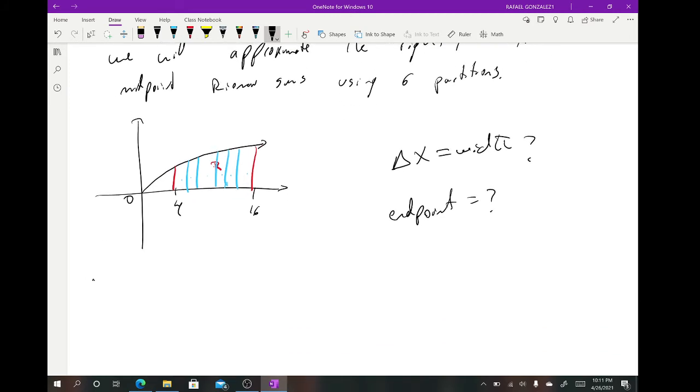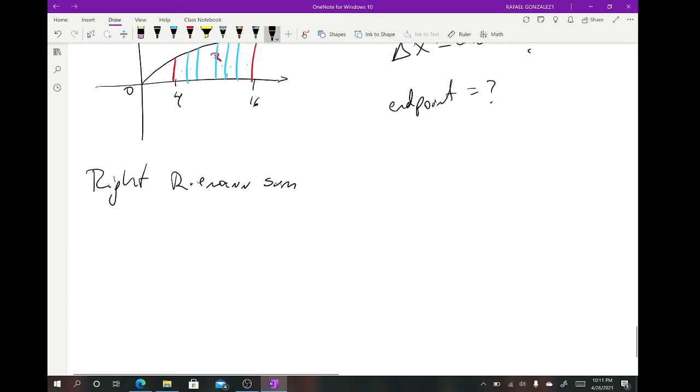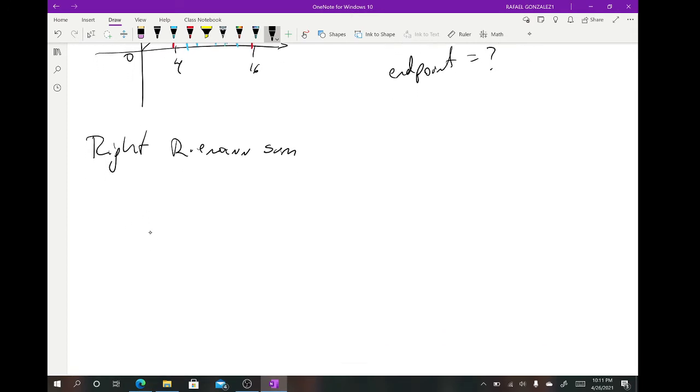So we will begin by using the right Riemann sum. So the right Riemann sum, as we have from above, by definition, is the sum of k equals 1 to n of f of xk times delta x for xk equal to a plus k times delta x.